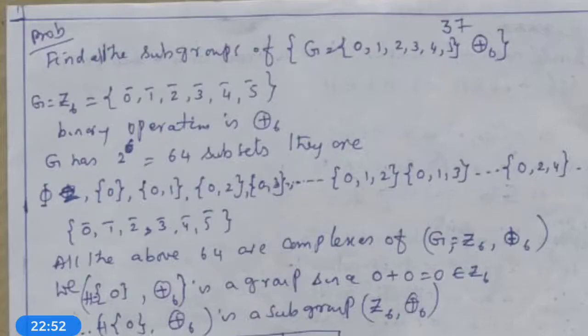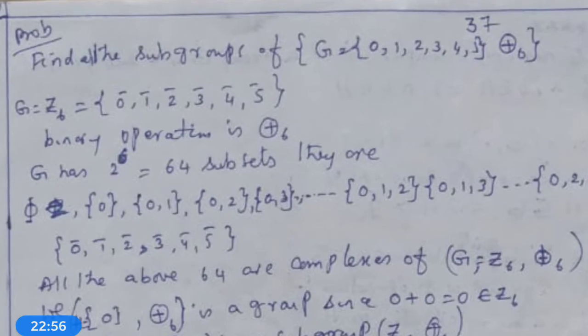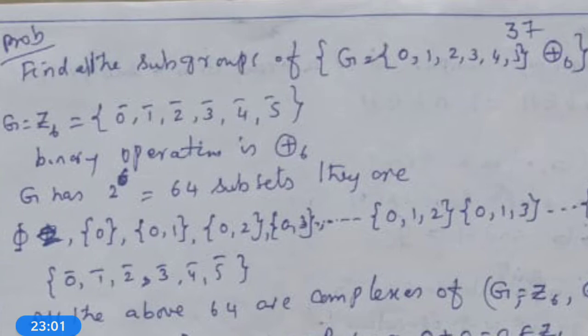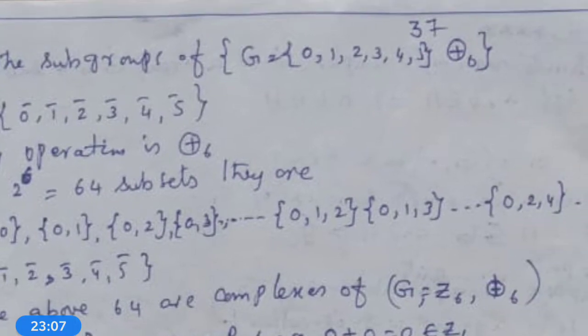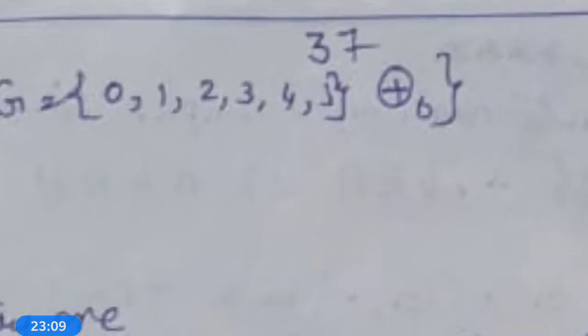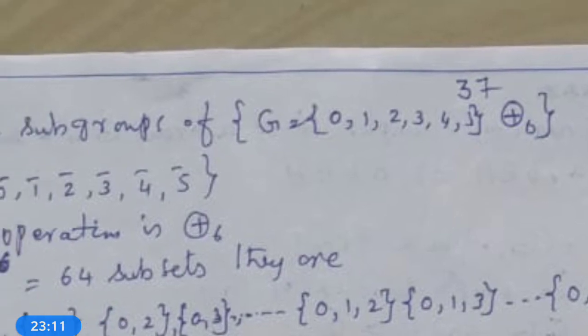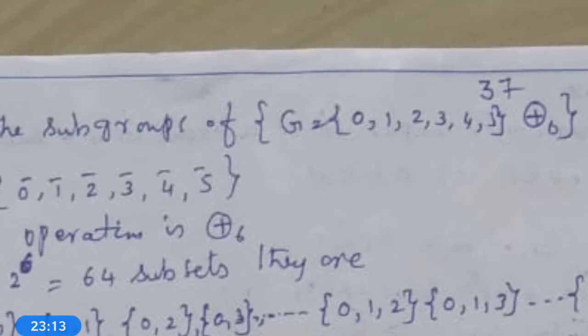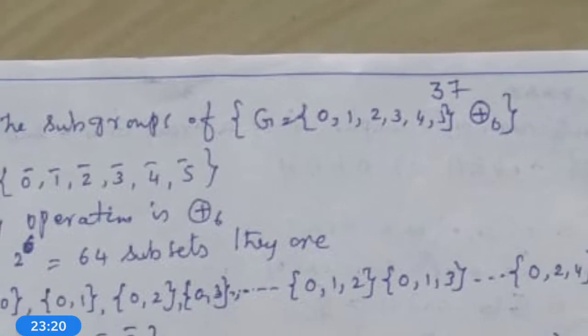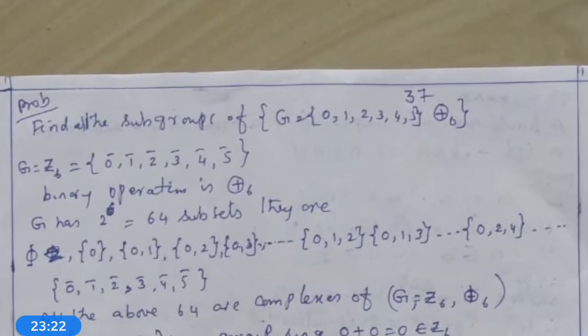Next we will practice some problems of finding subgroups of a group G. What is the problem? Find all the subgroups of (G, ⊕6), where G = {0 bar, 1 bar, 2 bar, 3 bar, 4 bar, 5 bar}.